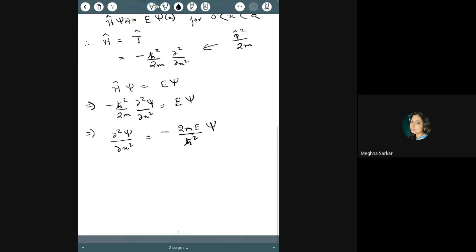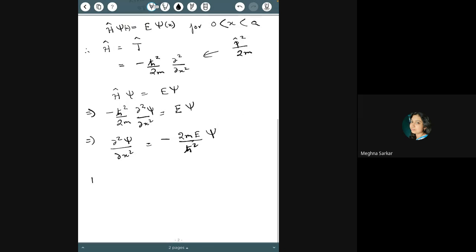Now I say that E must be positive. Now why do I say that? So firstly, intuitively, since the energy is only the kinetic energy, you would expect that it would always be positive. But there's also a way of thinking about it mathematically.